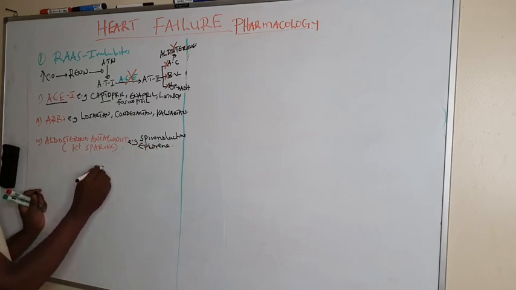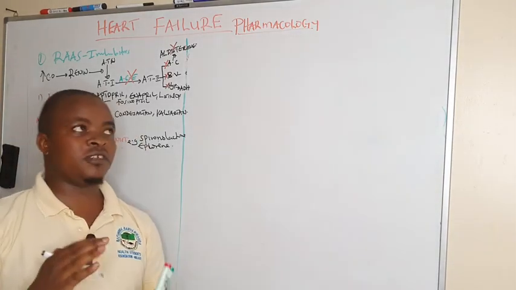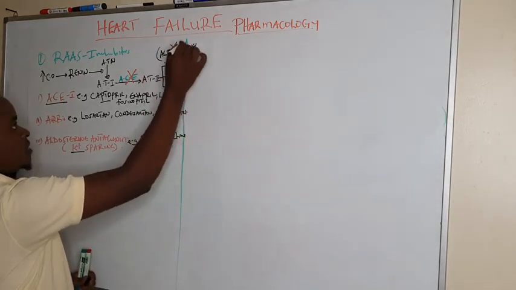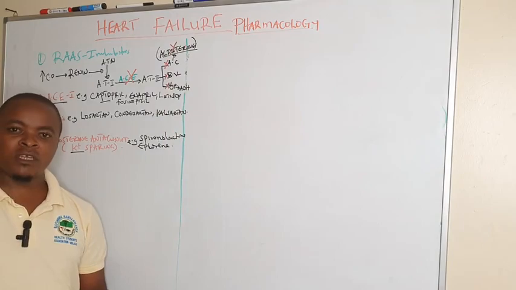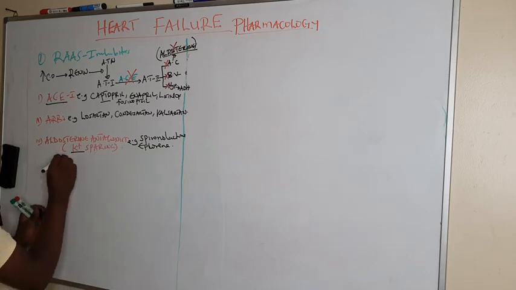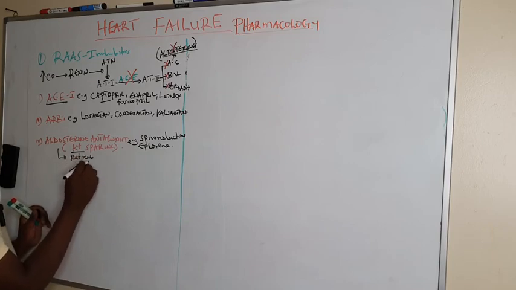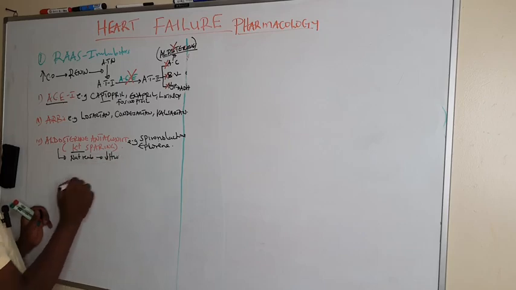So these two drugs are potassium sparing, and they compete with aldosterone on its receptors in the distal convoluted tubule of the kidney. So these inhibit sodium reabsorption, hence also decreasing water reabsorption.